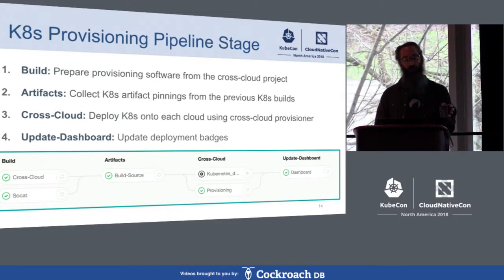So on that Kubernetes provisioning, we can build and use different Kubernetes artifacts and releases, take those and deploy them to different cloud providers, and then we can run tests, like say conformance tests if we would like, or different flags for the providers, and then update the dashboard.